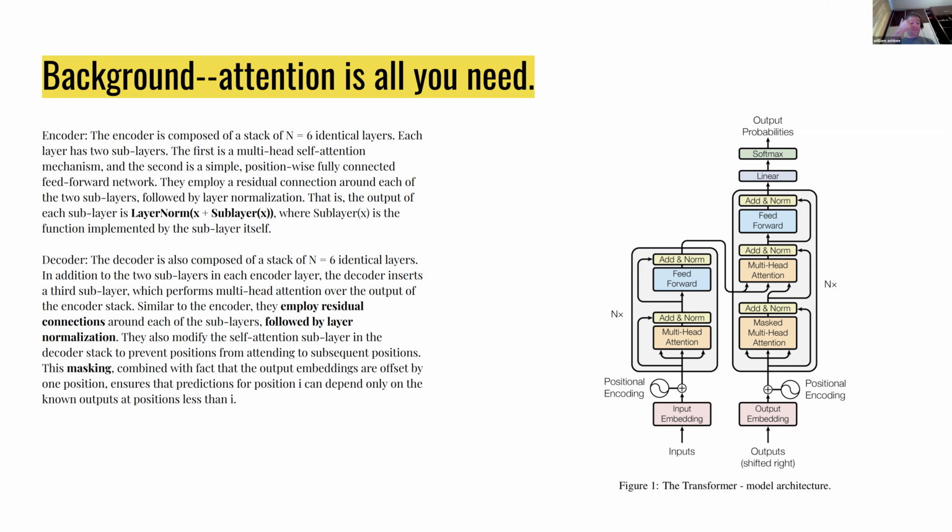So the first is a multi-head self-attention mechanism. The second is a simple position-wise fully connected feed-forward network. They employ residual connections around each of the 2 sublayers, followed by a layer normalization. That is, the output of each sublayer is layer norm of what came before plus whatever transformation you've made.